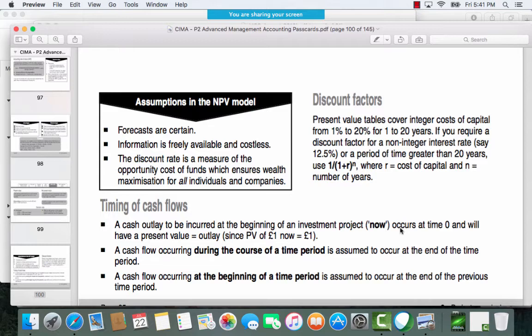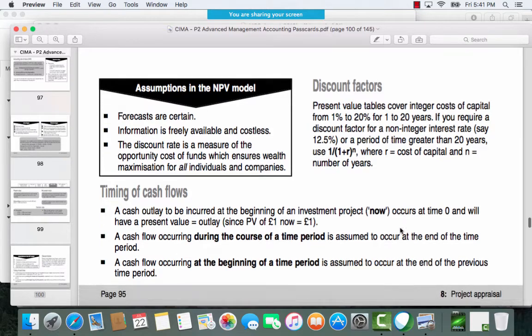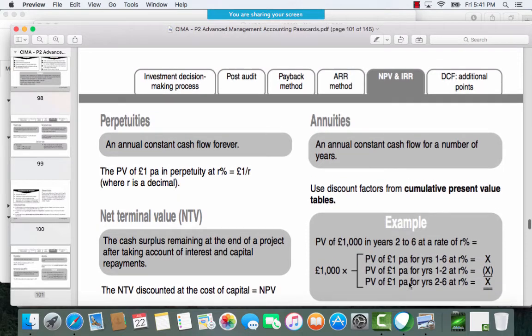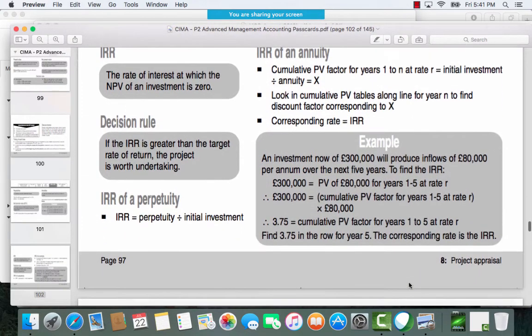And because it gives you the time value of money, you can understand whether we are making a profit or loss from this particular project. Yeah. And let us go to the additional points.